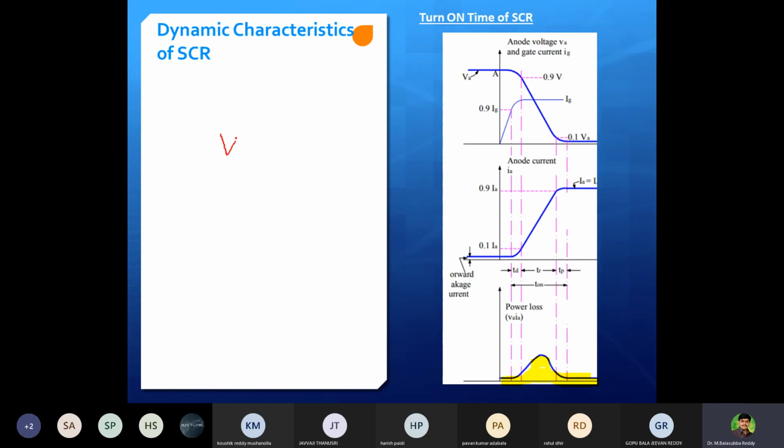The output voltage is 0, and the voltage across the device is the same as the source voltage. Similarly, for the current, if the device is in the off state, the switch is open, the current is 0, that is the load current or anode current. Another one, the gate current: when the device is off, the gate current is 0.